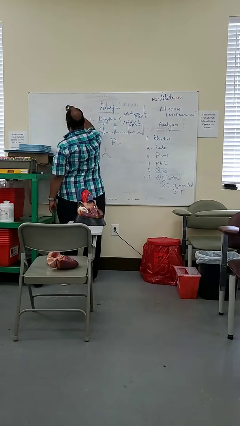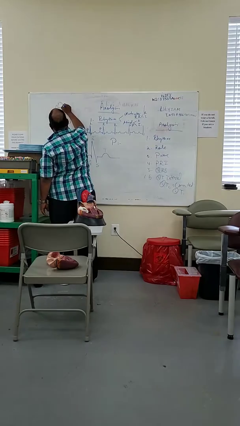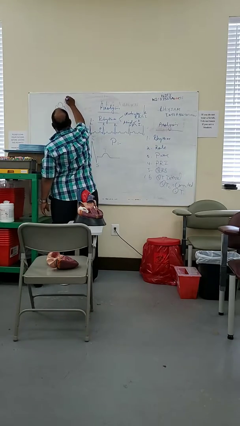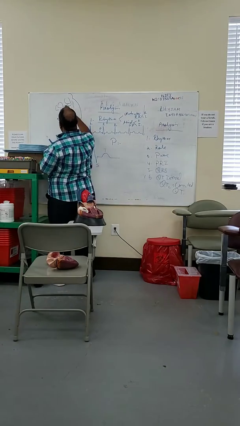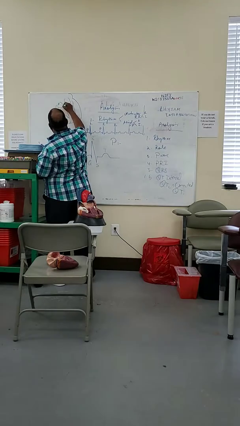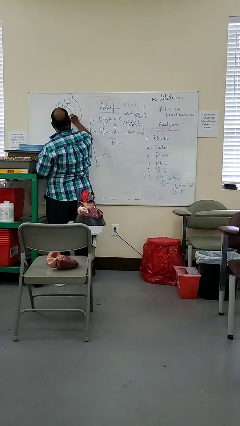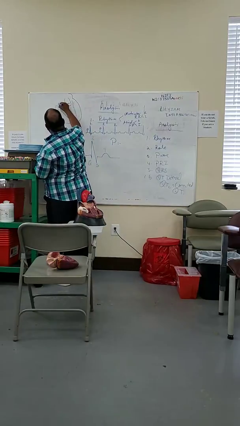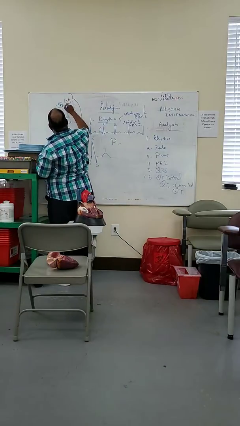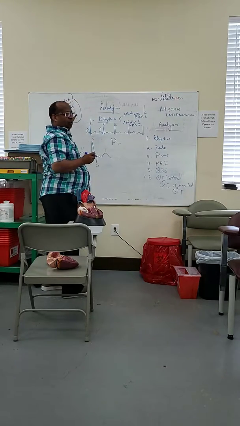So if we see our heart, SA node here, we have AV node here, we have bundle of His, right and left bundle branch, and we have the Purkinje fibers. Okay, so what's this one? This is the right atrium, left atrium, right ventricle, left ventricle. Yes, that's what we see when we see the heart.